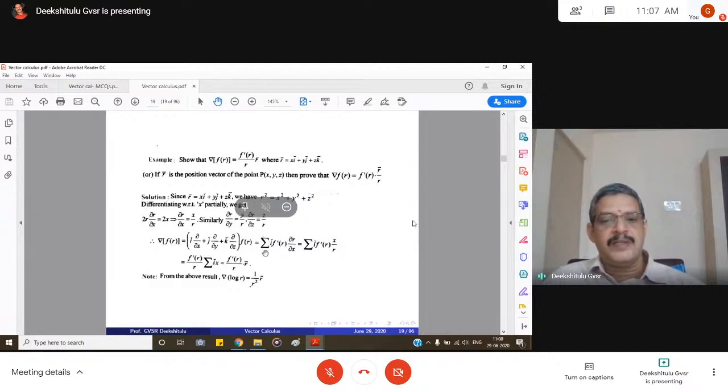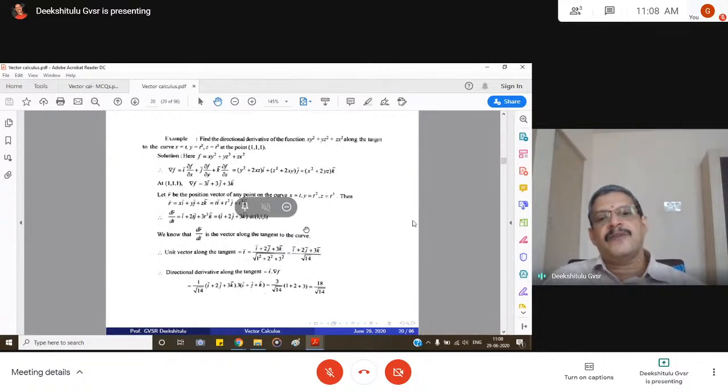This is what we mean by this summation operator. f'(r) is there, but ∂r/∂x is x/r. So this is f'(r)/r times the sum of i x, which means ix + jy + zk, that is r̄. This is what we required.